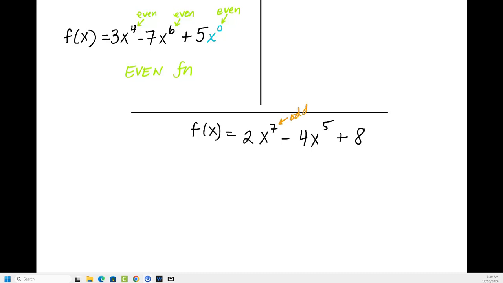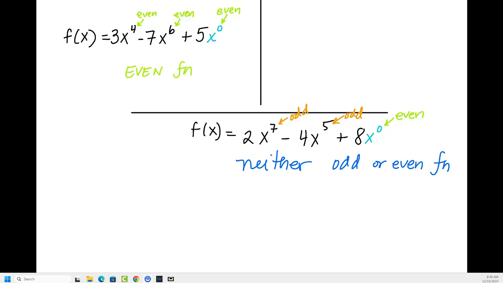We have a mix, don't we? Odd, odd. But this last one, didn't I say that this was x to the 0? And if it's x to the 0, isn't that even? So if I have a mix of odd and evens, is it an even function or an odd function? Yeah, so this is a neither. It's neither an odd nor an even function. So that one's definitely a neither.